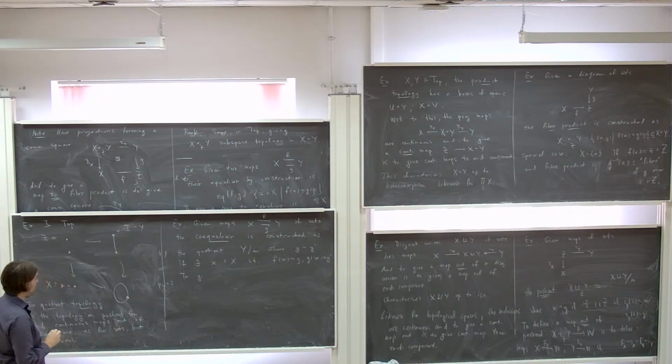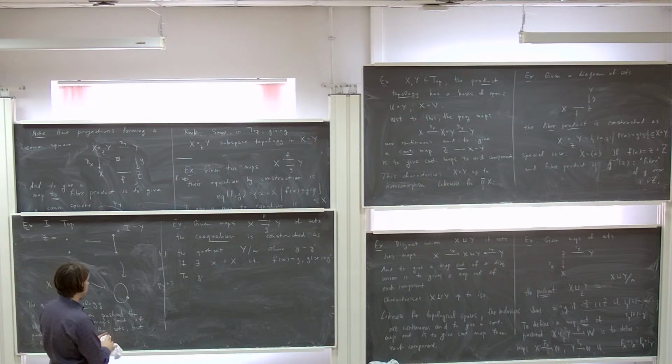That looks like the push-out for what I've written. Just a sec. That is the push-out, and I think this is the same. Yeah, that's right. So what I wrote is the push-out, not the co-equalizer.